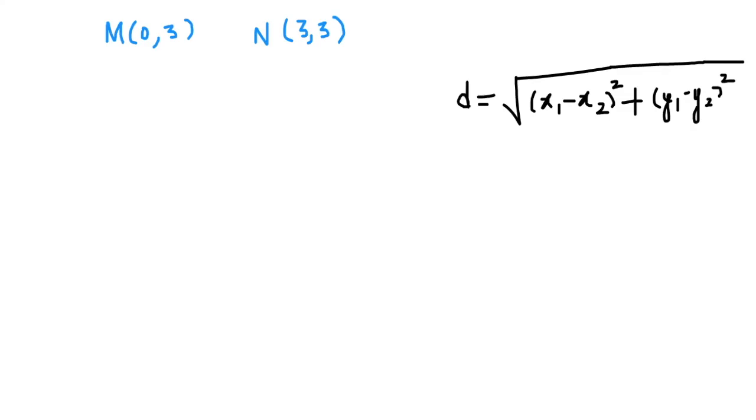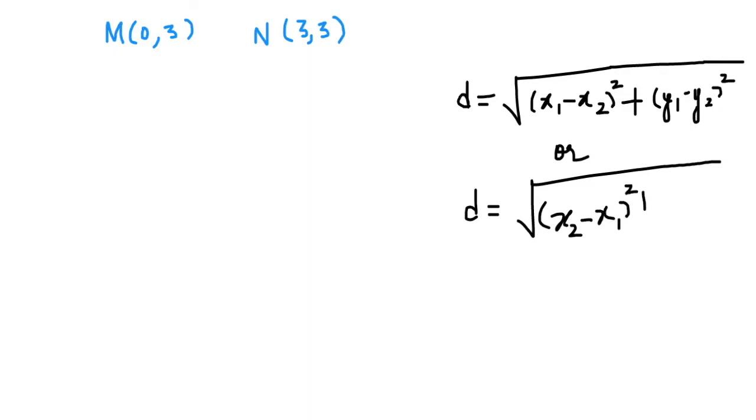The same formula can also be written like this: x2 minus x1 whole square plus y2 minus y1 whole square. Whether you take x1 minus x2 or x2 minus x1, it doesn't matter because eventually you're squaring it out. And even if you get a negative number inside the bracket, after squaring it, it will become positive.